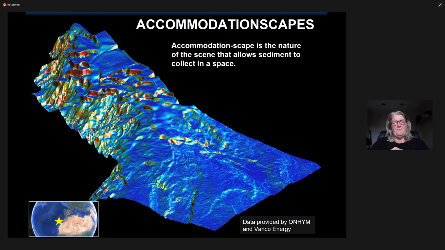Are you dealing with high density or low density gravity flows, et cetera? So this becomes quite a complex thing to have to deal with, and geologists and process sedimentologists need to sort that out.